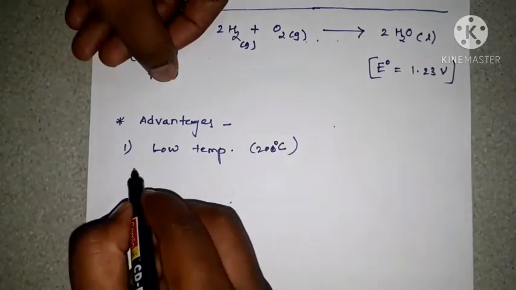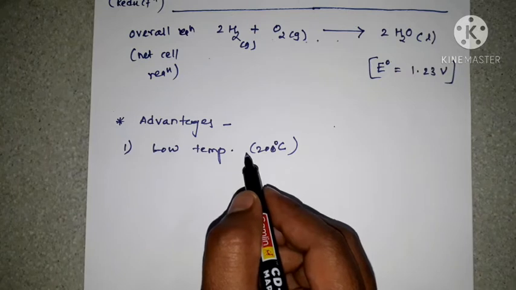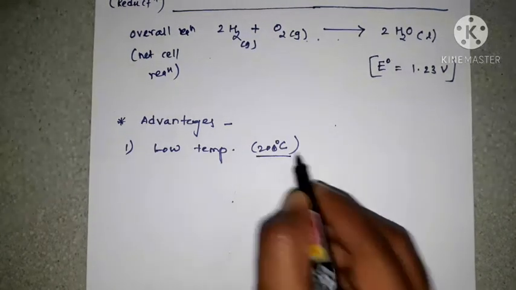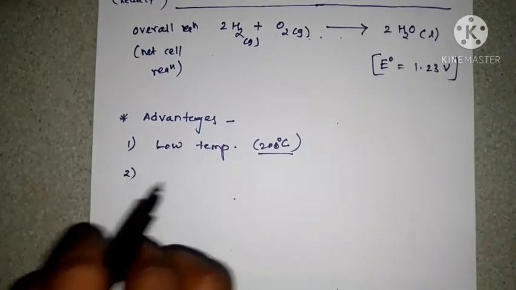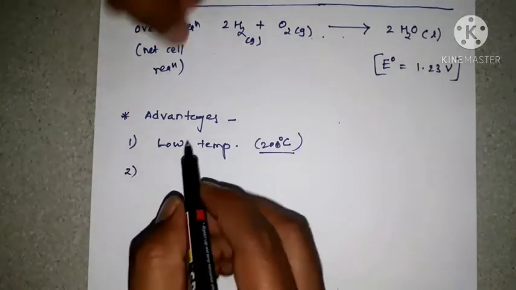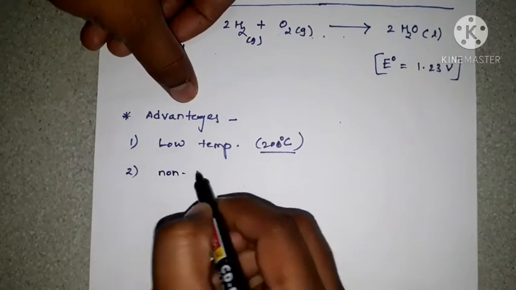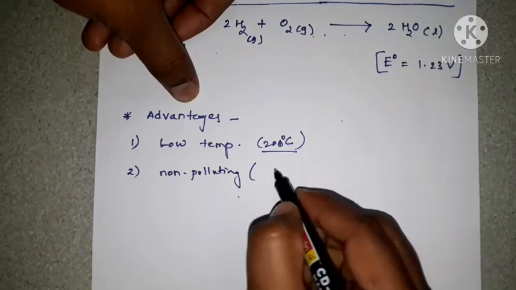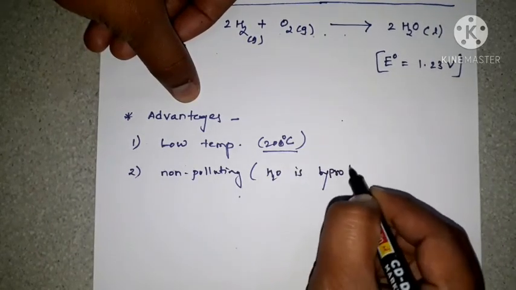Okay, that means in comparison with other fuel cells, the hydrogen oxygen fuel cell requires 200 degrees Celsius temperature. Then second one is they are non-polluting because water is the only product. They are non-polluting. Okay, because H2O is the product.